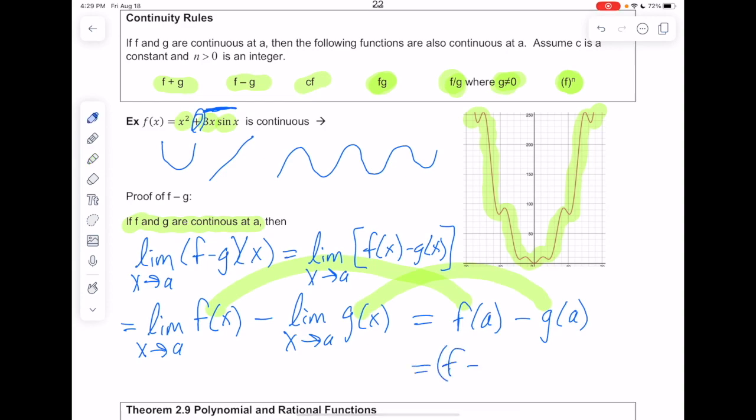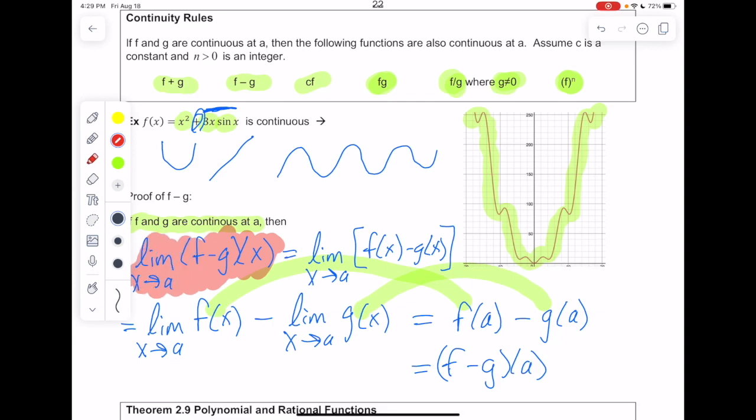But f of a minus g of a is the same thing as (f minus g)(a), just by the definition of what subtraction of functions is. So what does that mean? That means that we started out trying to find the limit as x approaches a of (f minus g)(x), and we got an answer, and it was just the same as if we plugged a into (f minus g)(x).